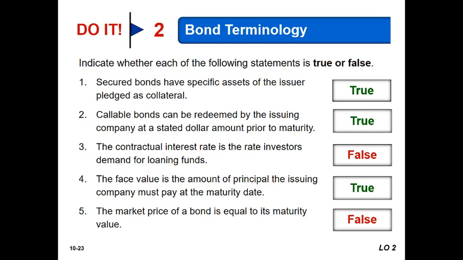They also will change depending on what the contractual interest rate is versus the actual interest rate that is the current demand of the investors at the time of issuing. So the market price of a $1,000 bond could only be $980 if it's selling at 98%, which is a discount.